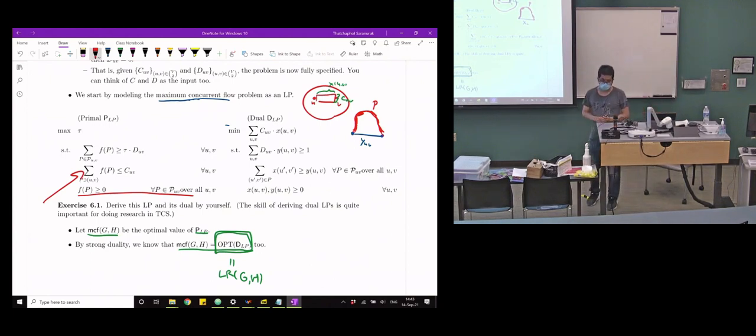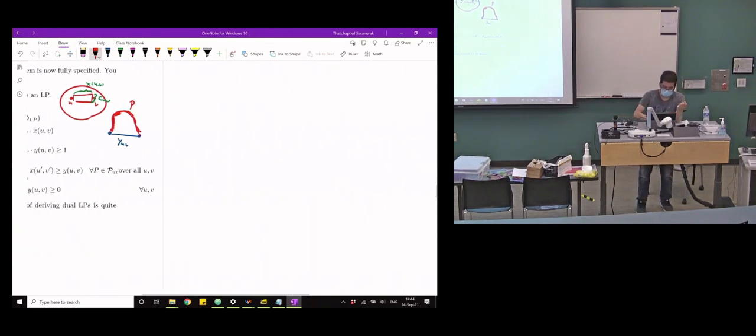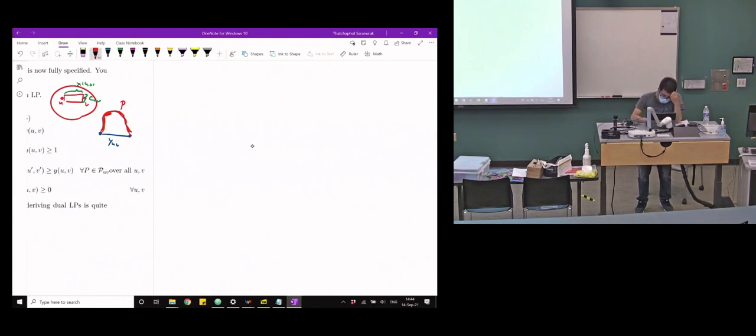Just think of the max flow problem, the single commodity max flow problem. You can also write max flow as this kind of LP, right? That is, you want to pack a lot of ST paths, and there are exponentially many paths, and that is a bad LP. But you know that there is another LP that captures max flow too. What is that LP?